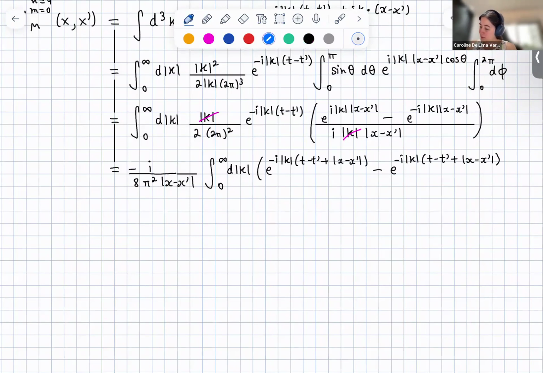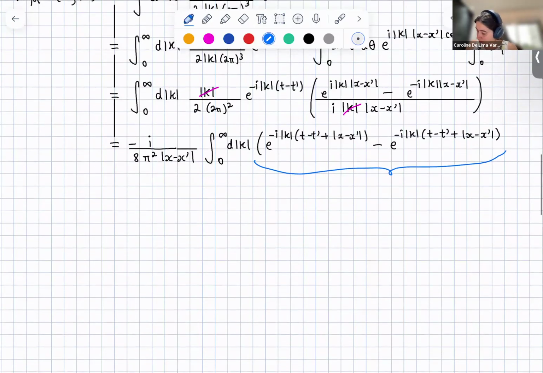Now, one important fact about this is that it's not going to converge unless we add some real negative exponent, right?